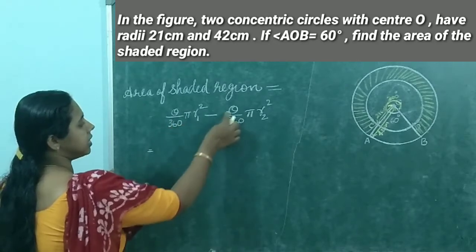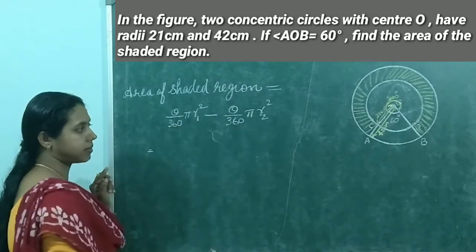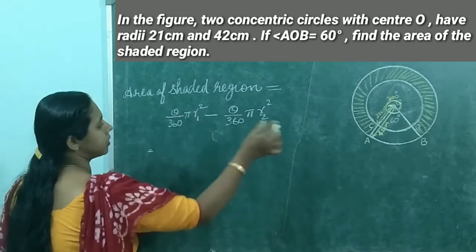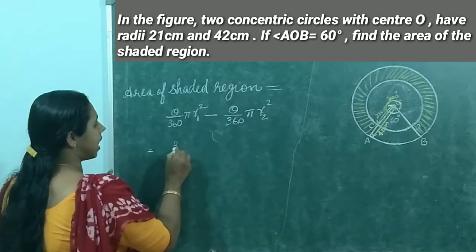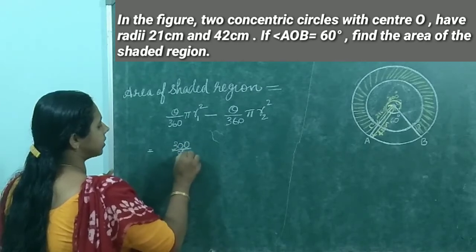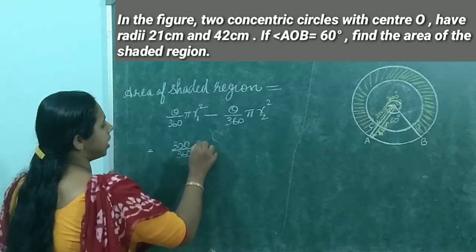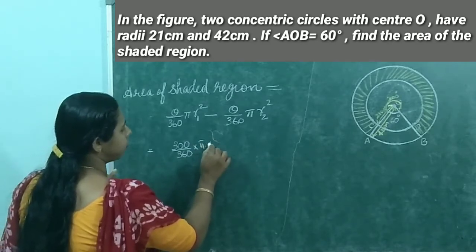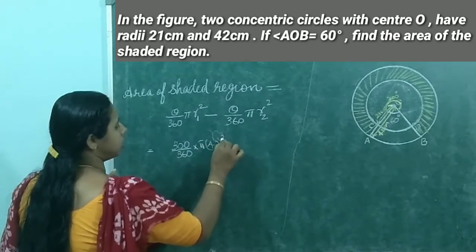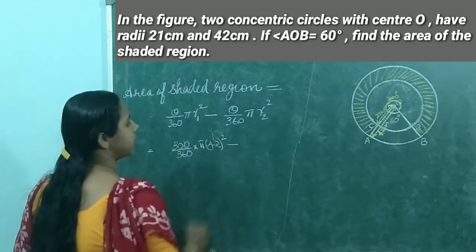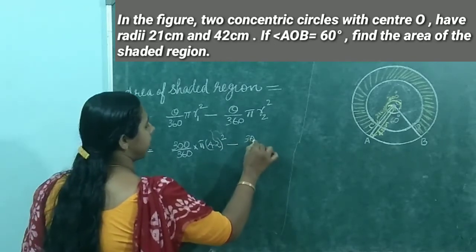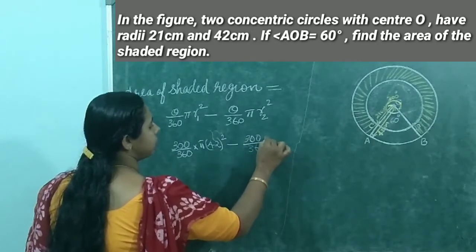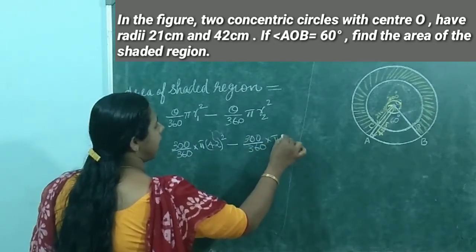theta by 360 is common in both terms. And we know that theta is 300 degrees in both sectors. So 300 by 360 into pi r1 squared. Here r1 is equal to 42, so 42 squared, minus 300 by 360 into pi r2 squared.